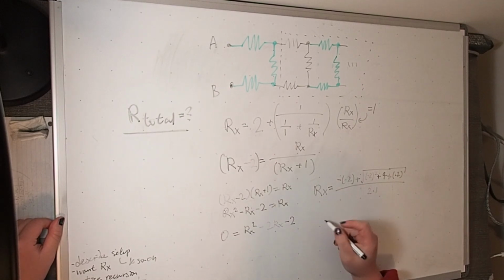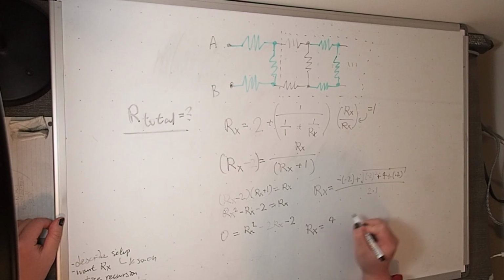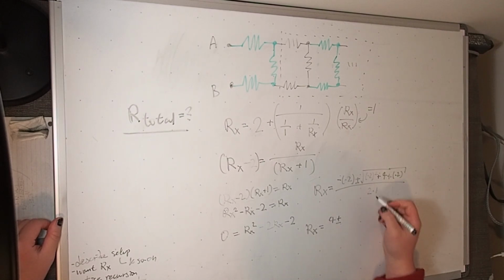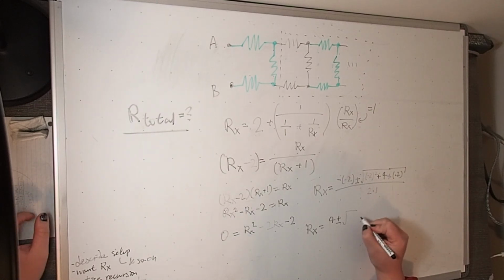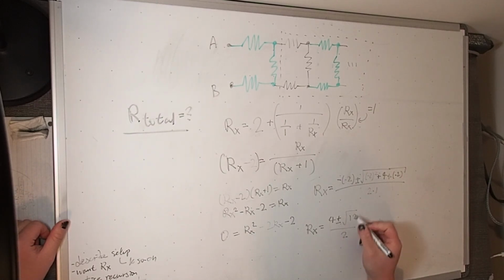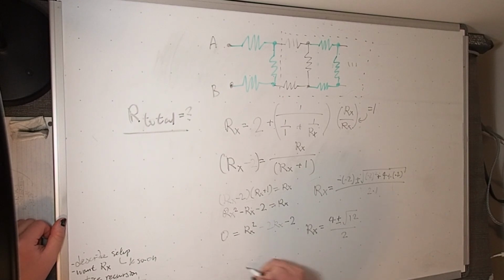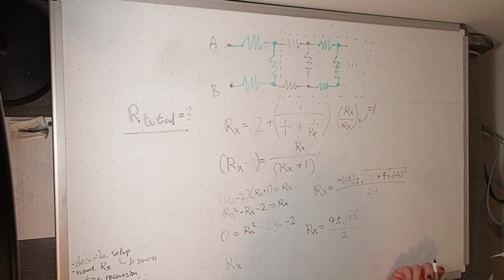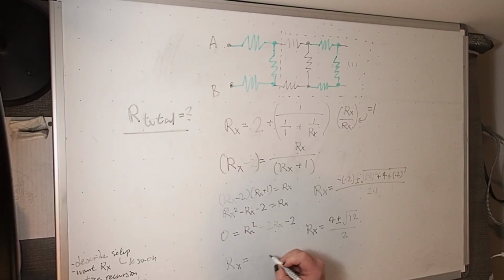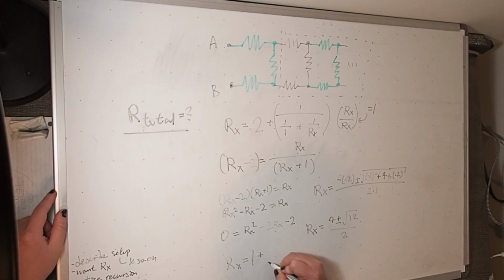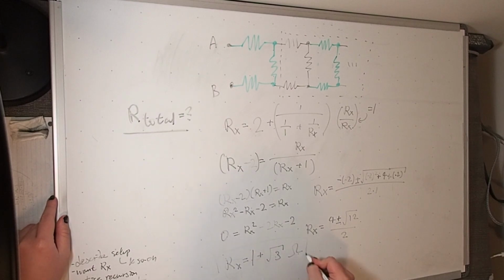So what we have here, we get Rx equals plus or minus the square root of this, which ends up being 12, all divided by 2. So we can simplify this to get Rx equals, and once again we can ignore the negative because it's resistance, 1 plus the square root of 3 in ohms. And there we have it.